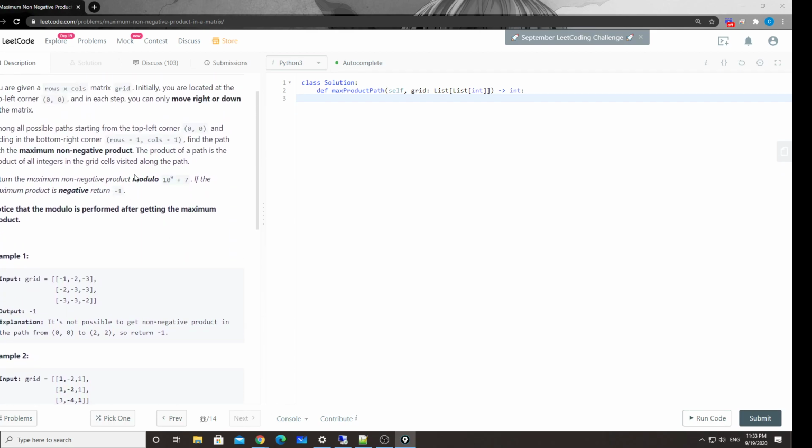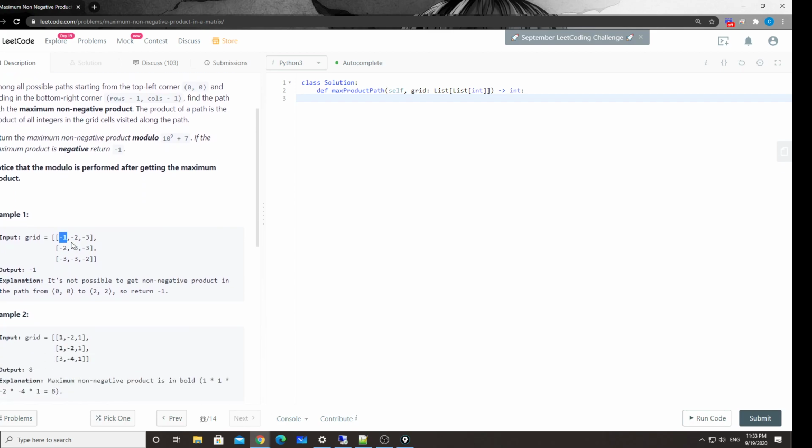If you follow the problem description and try to use a DFS, every time you have two options, right?